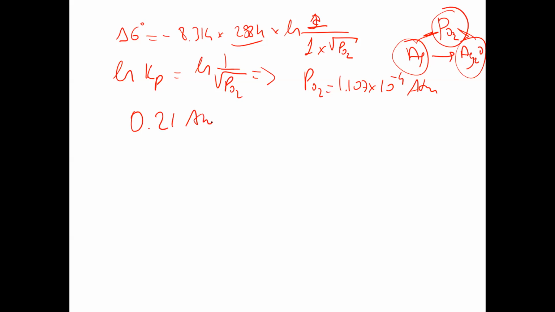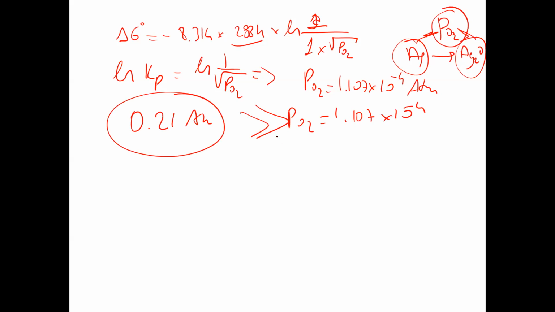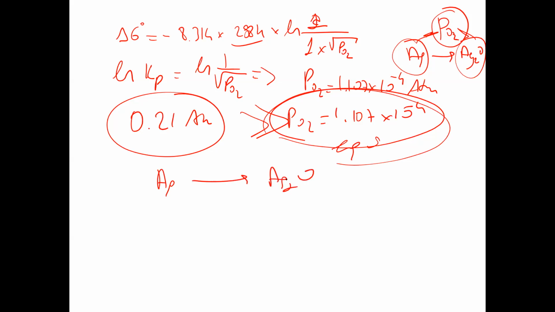So this value is greater than this one. So silver is oxidized at atmospheric conditions because normally we have 0.21 atm, and this is the equilibrium pressure, which means this pressure is enough to form silver oxide.